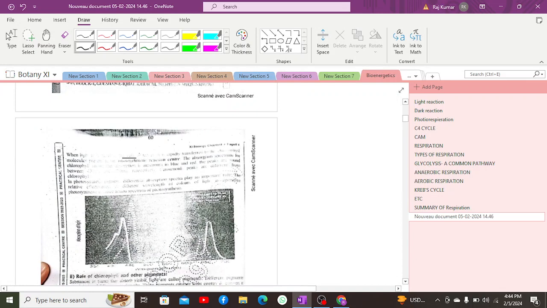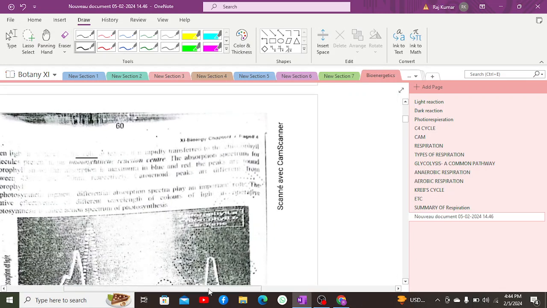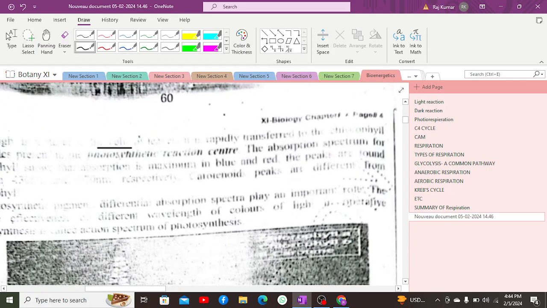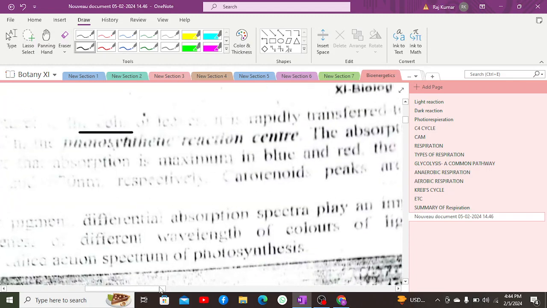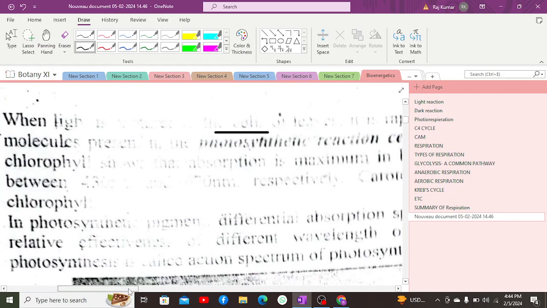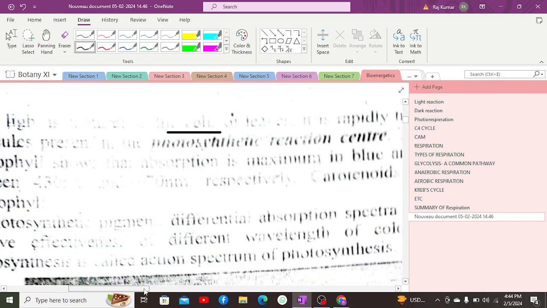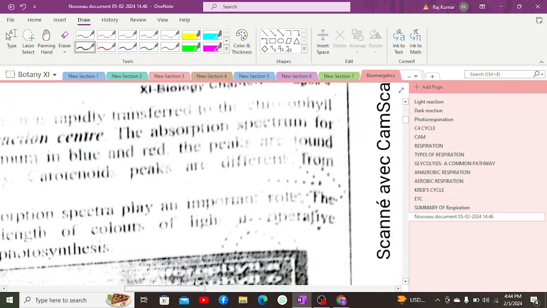Now here, the absorption spectrum for chlorophyll shows that absorption is maximum in blue and red.